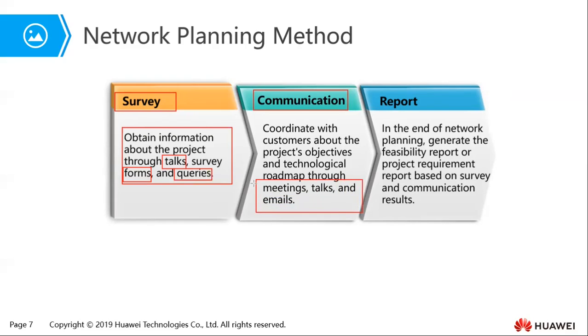And I think here they're also adding things like meetings. So really, at this part, we want to do a lot of communication with the customer in order to understand what they want. Now, at the end of the network planning phase, we need to write a report.